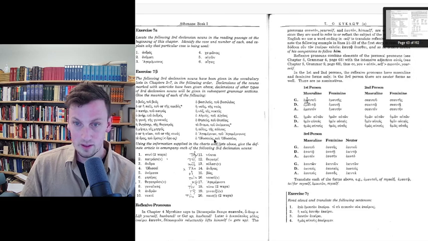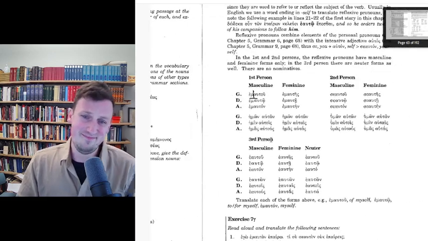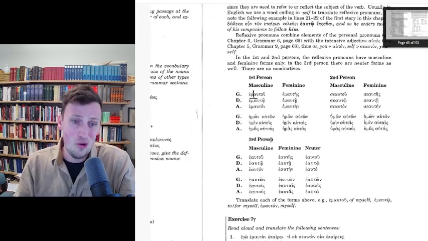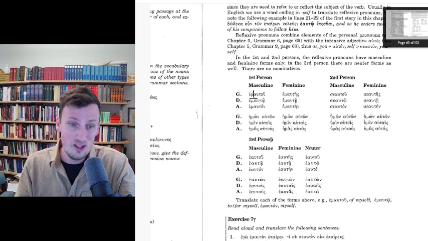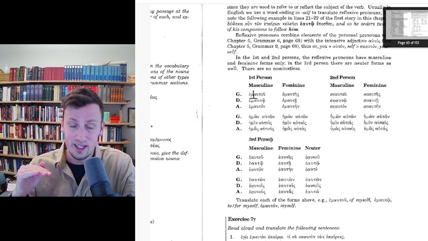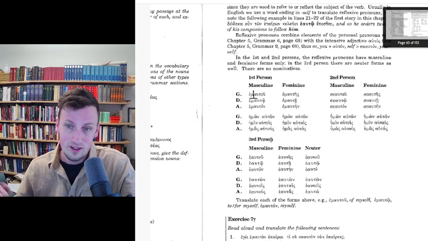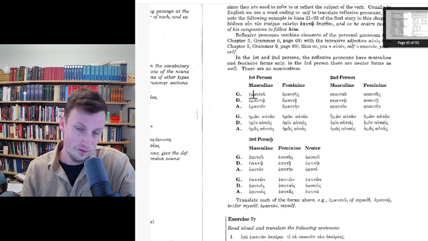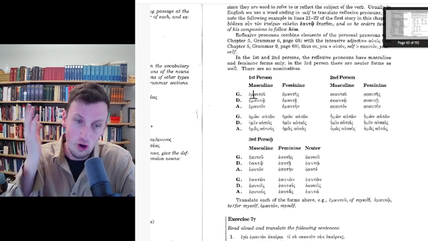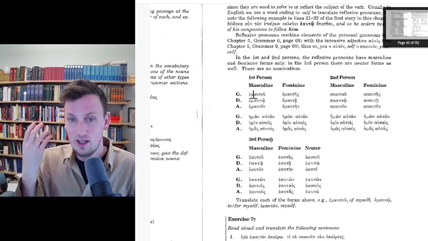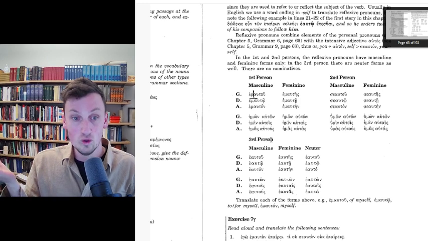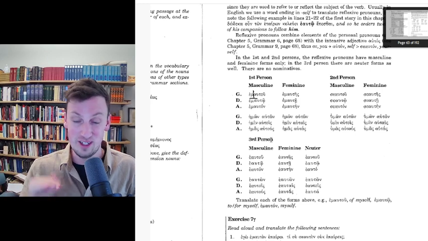All right. Then you learn the reflexives. This is just a pronoun that takes 2-1-2 endings. So it's going to take your classic second declension masculine, first declension feminine, second declension neuter. Let's just use the genitive because this doesn't exist in the nominative. So it'd be ou, ēs, ou, like the noun endings you've learned as vanilla noun endings.